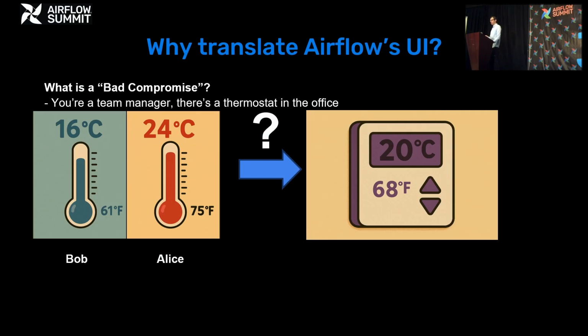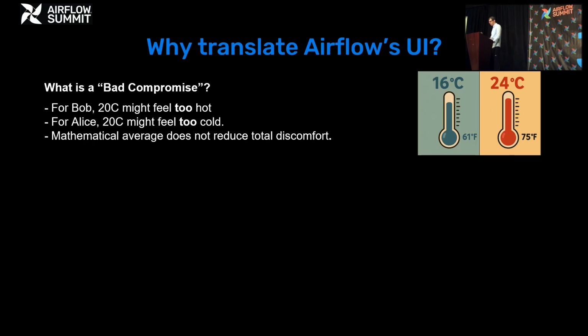But is it the best option? For Bob, 20 Celsius might feel too hot, and for Alice, on the contrary, it might feel too cold. What we learn from this is that the mathematical average does not reduce total discomfort, it just distributes it equally.